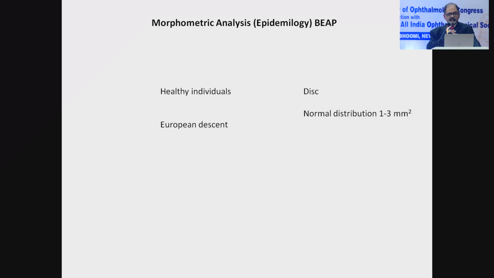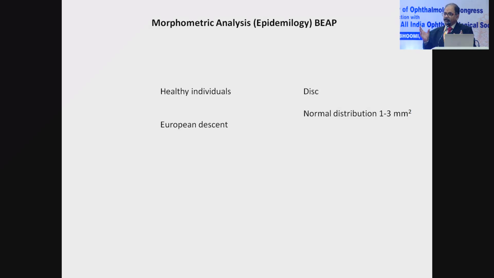Okay, so this was supposed to be another histogram for disc asymmetry, where what they did was right side CD ratio minus left side CD ratio, and that was put on the graph. They saw that 85% were within minus 0.2 and plus 0.2.